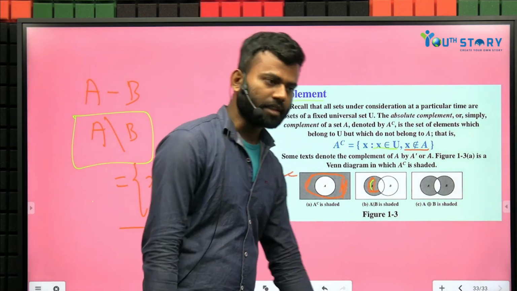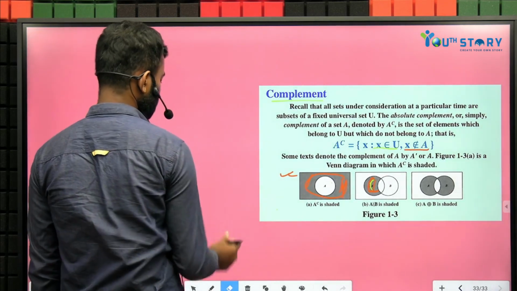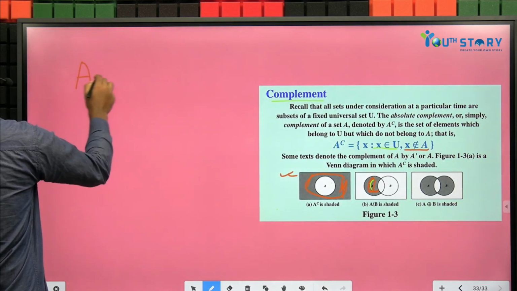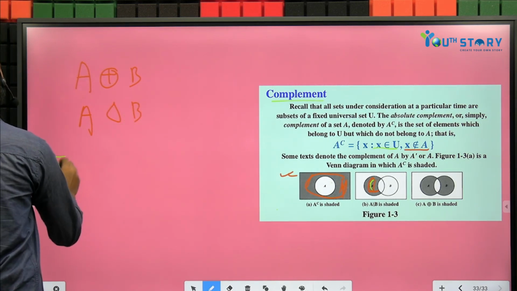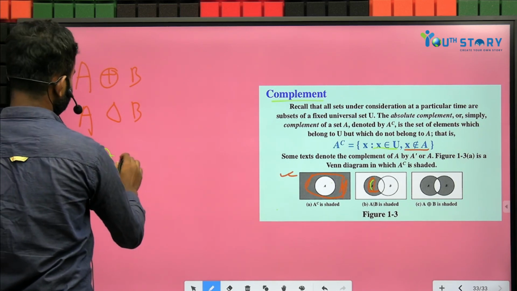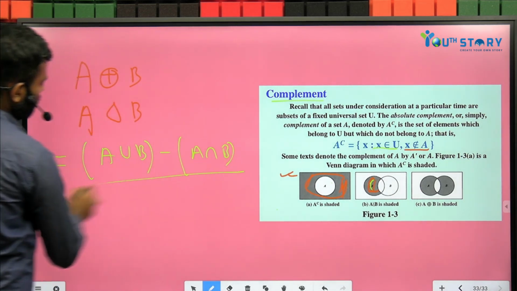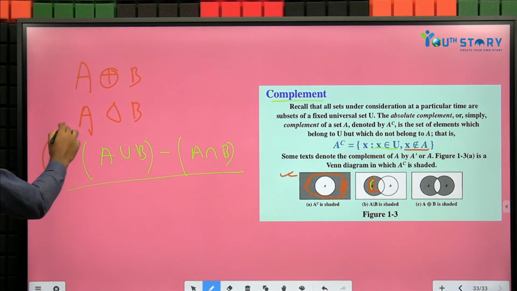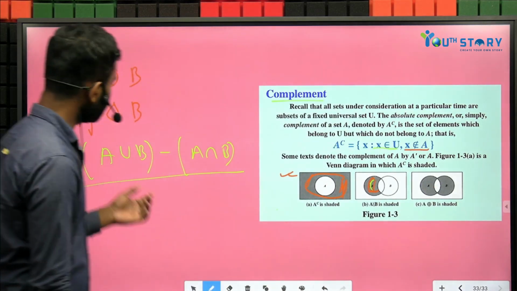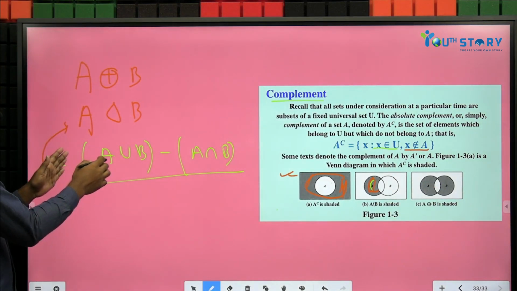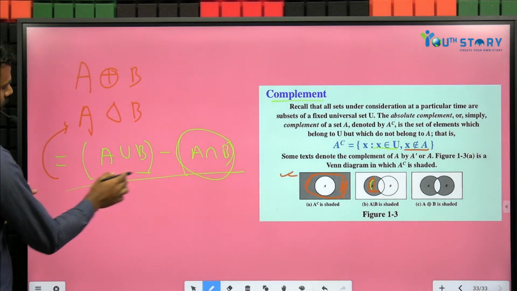And we define the symmetric difference of two sets by the standard notation A delta B. This means A union B minus A intersection B. This is the standard definition of symmetric difference, and the corresponding Venn diagram will be: here we delete the common members from the union of the two sets.